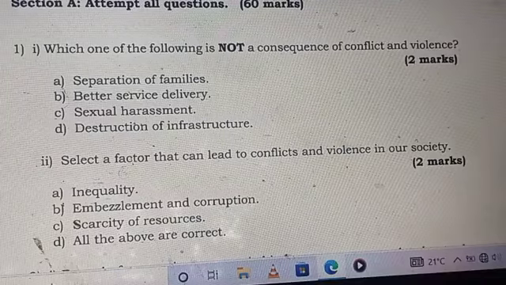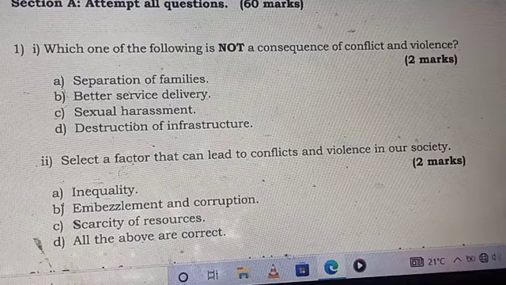Question 1. Which one of the following is not a consequence of conflict and violence? We have 4 options. Choose the best one.